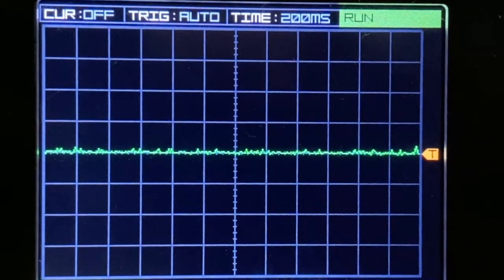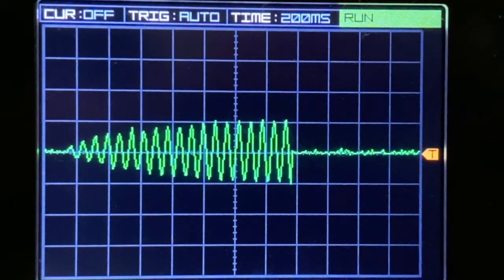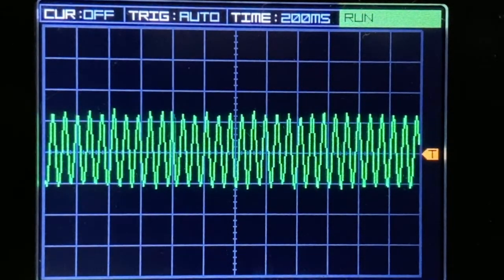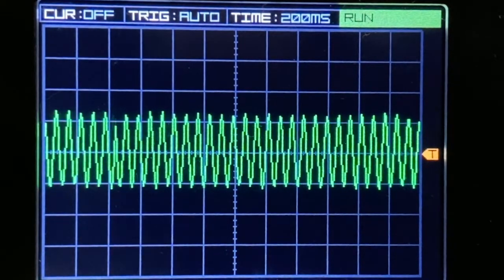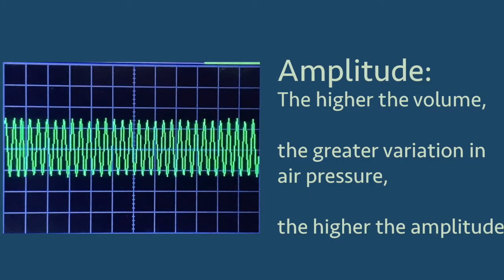Here is the graph and sound for a pure sine wave set to 262 hertz. When we hear this, the air pressure is oscillating up and down 262 times per second. The amplitude for this wave is set by how loudly it is being produced. The louder the volume, the greater the change in air pressure from stable, the higher the amplitude.